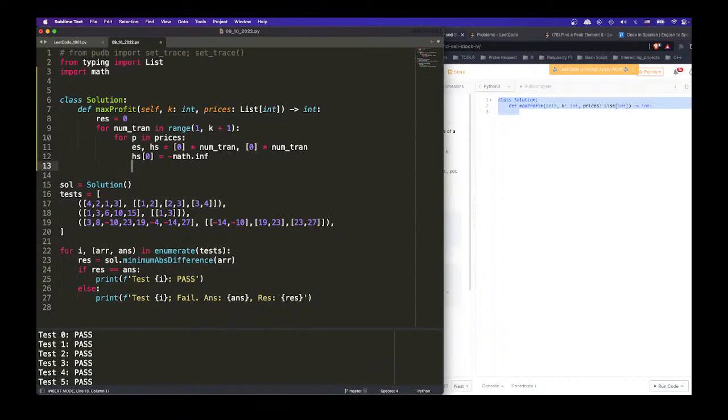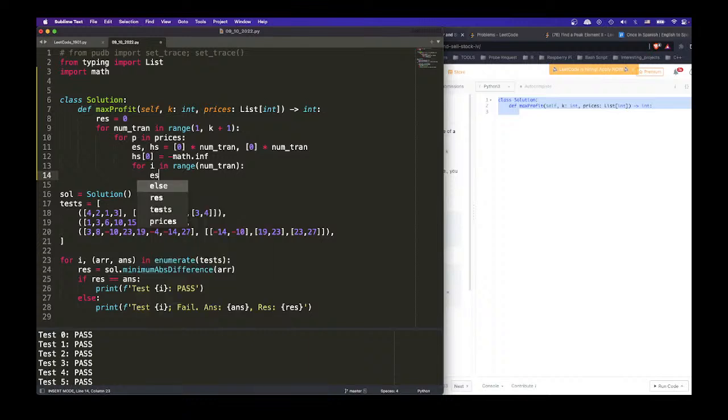Then we're going to go through everything and we say for I in range num transactions, ES[I], HS[I] shall equal to hold.